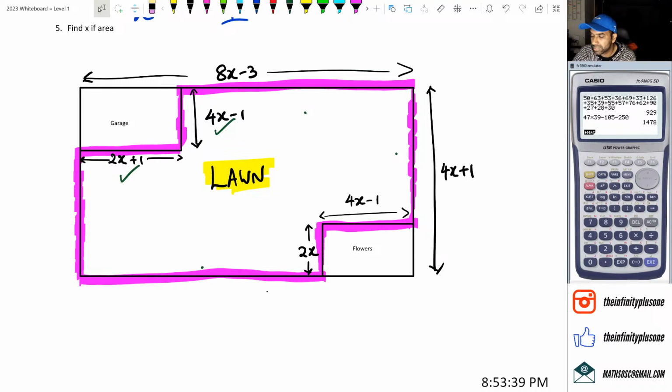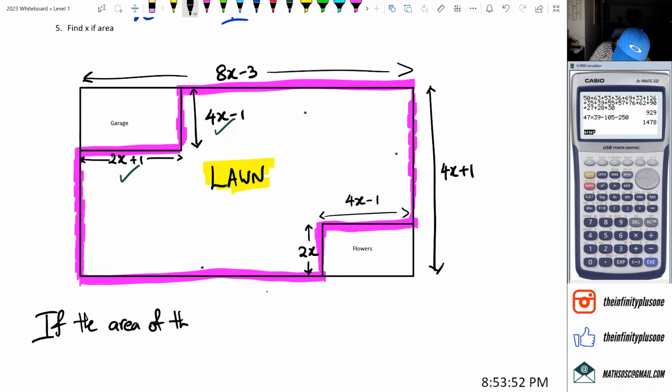Okay, so this is the last question for the night, and it is going to look like this. If the area of the lawn, oh no, hang on.